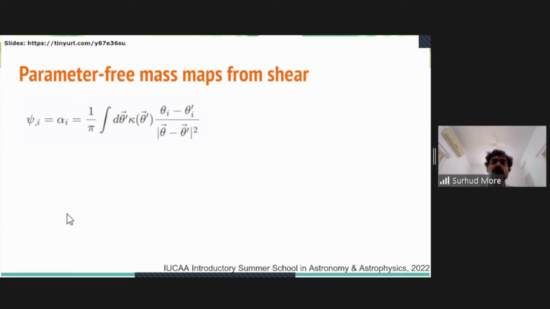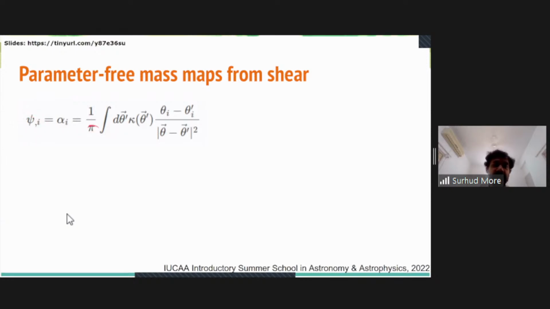Now, let's go one more step back to figure out what is the relation between the potential and kappa, but in real space. Okay. For that, you should consider first the equation for the deflection angle, which you get by taking the gradient of the potential. That's why it's psi I. Okay.